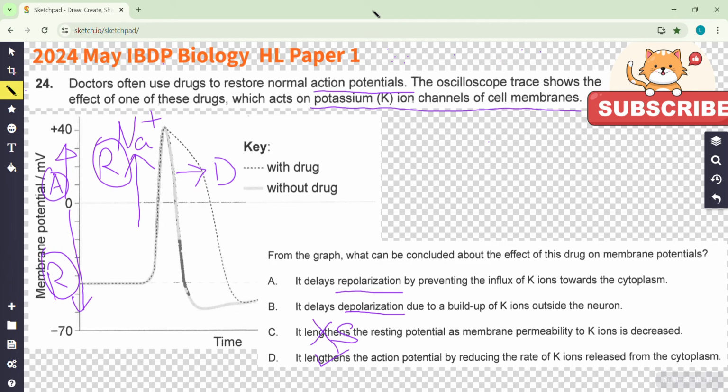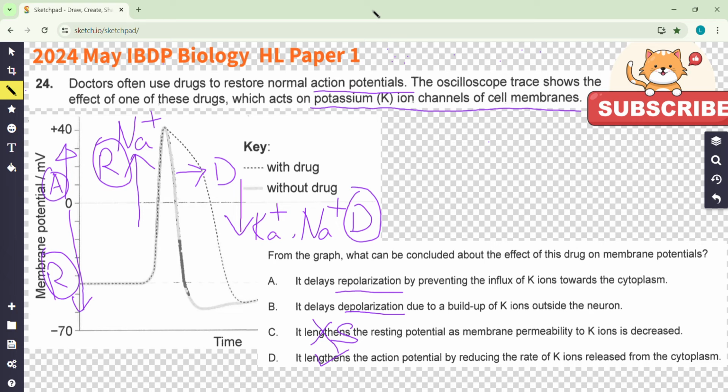Later on the potassium ion channel opens, the potassium ion comes out, and the sodium ions move out with it together. So this is depolarization. So look at this understanding of repolarization and depolarization. That fits the answer of A and B.